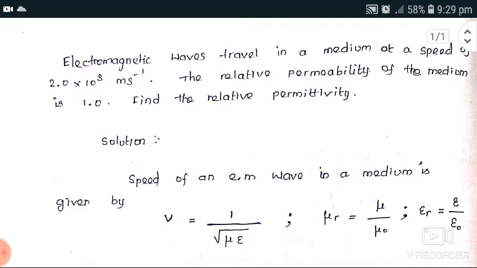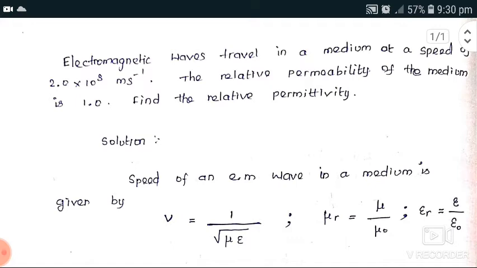Then the next term they have given is that the relative permeability of the medium is 1. For that we need to first discuss what permeability is. Permeability in electromagnetism is the measure of magnetization that a material obtains in response to an applied magnetic field.